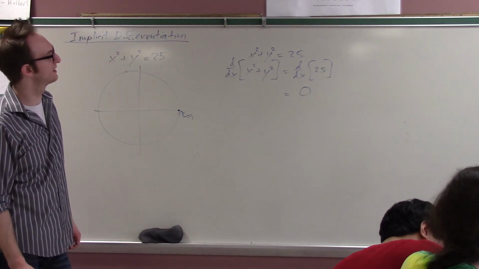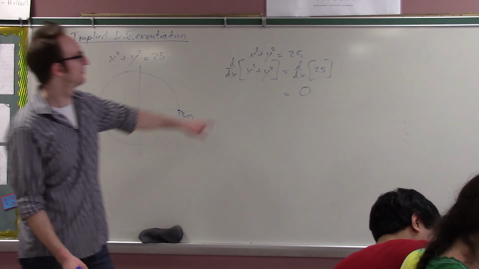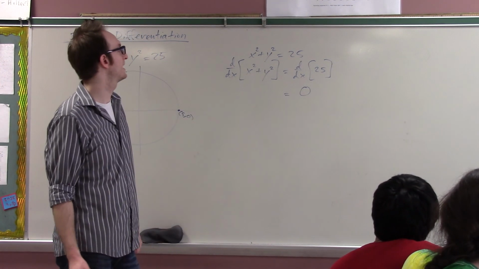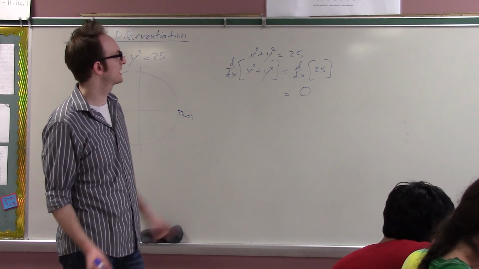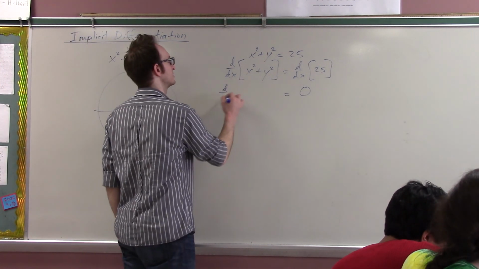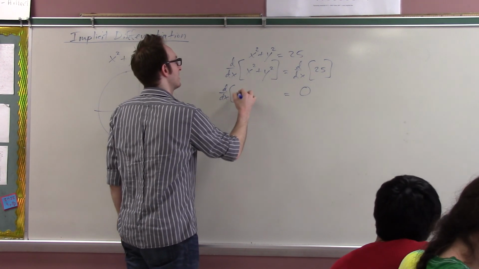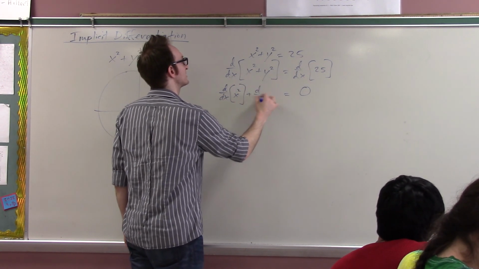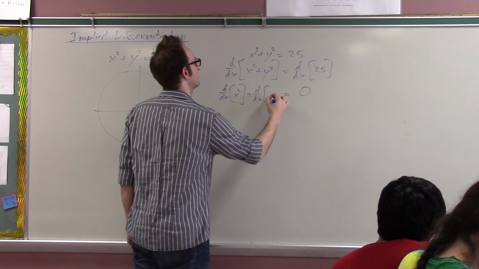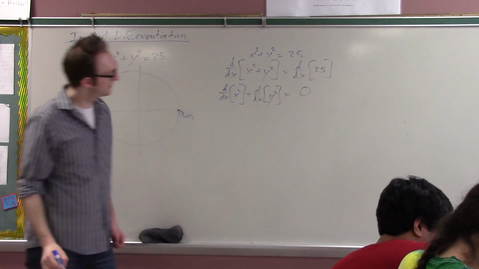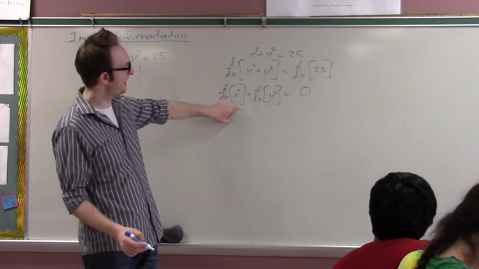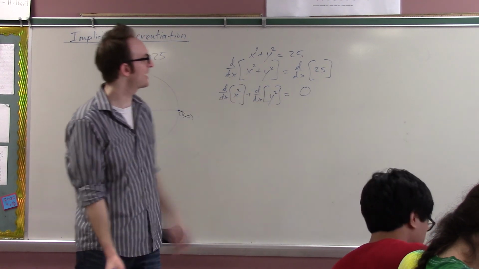What do I get on the left-hand side? Well, this is a little bit tricky. Maybe it's not tricky. This is really two separate problems. What is the derivative with respect to x of x squared, and what is the derivative with respect to x of y squared?